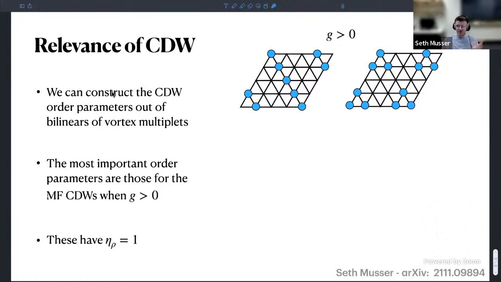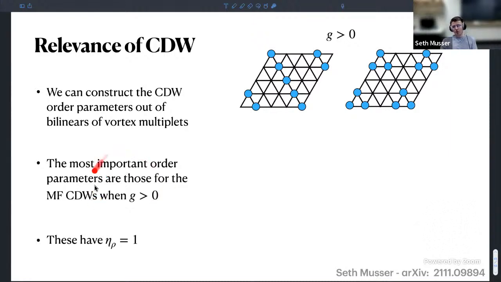When you combine these vortex multiplets with some phase factors, some linear combination, you can show that your order parameters obey the correct transformations under translation, rotation, reflection, as you would expect from an order parameter. So that allows us to connect this chargonic theory, this large N theory, to order parameters for CDW.